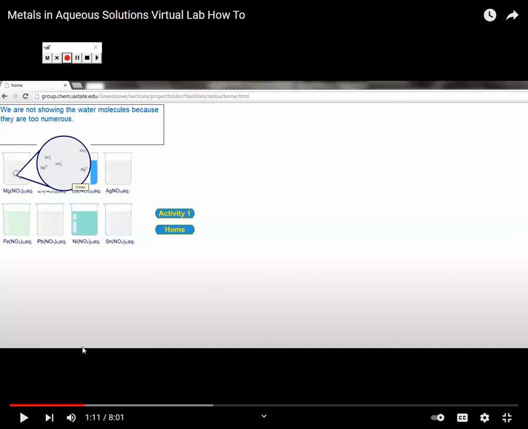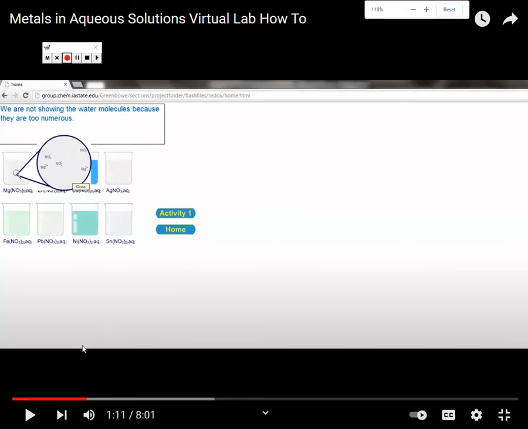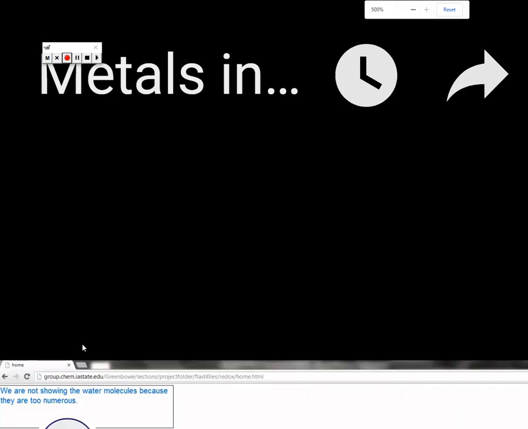Actually, what's happening is there are ions. So in question number 1, it says magnesium nitrate. So there are magnesium ions and there are nitrate ions.